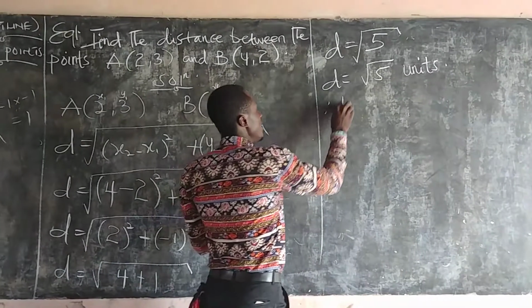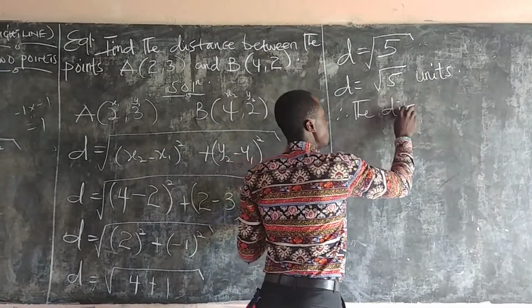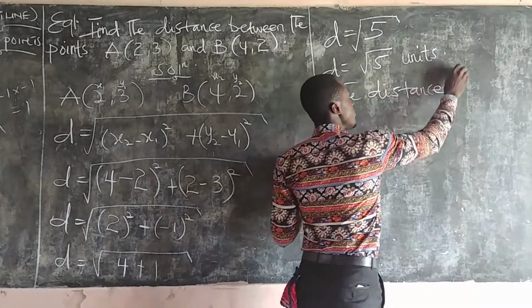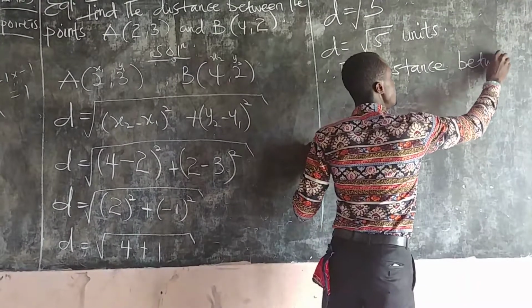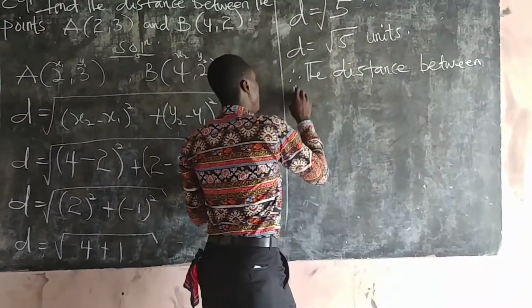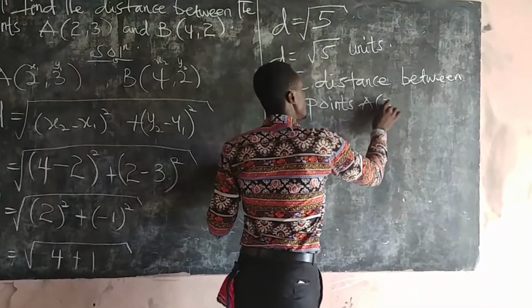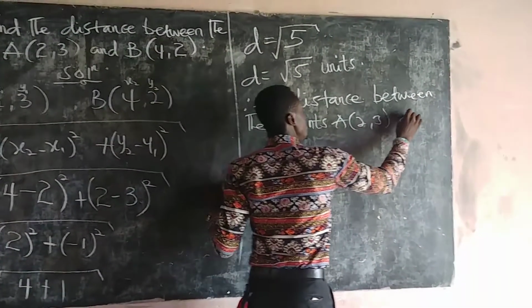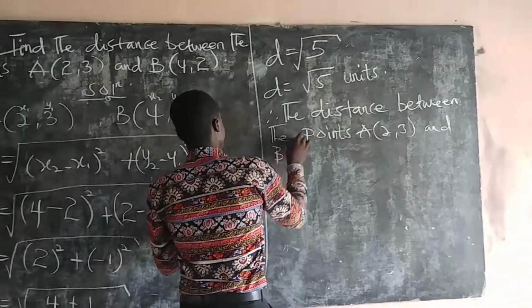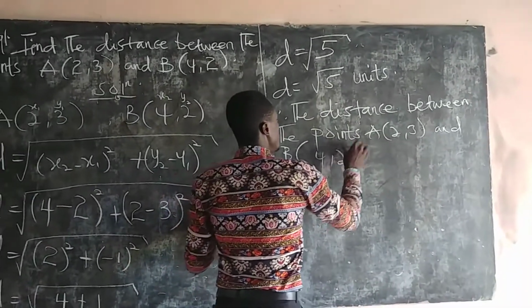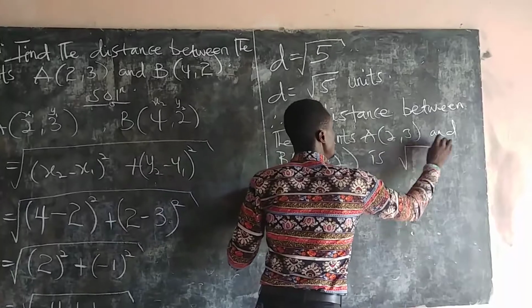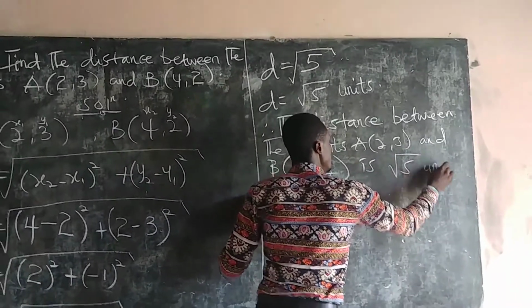So therefore, the distance between the points A(2, 3) and B(4, 2) is root of 5.